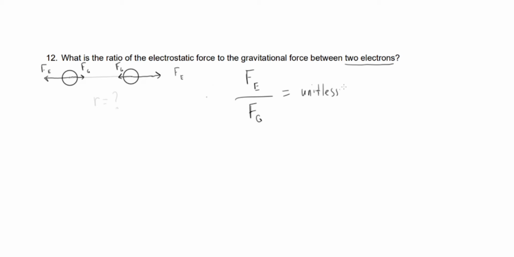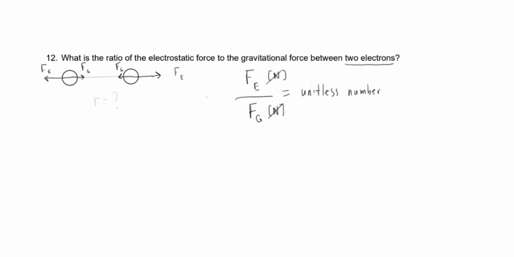We know that because we're taking a force, whose units are newtons, dividing it by another force, whose units are newtons. The newtons will cancel out and there will be no units left. So our final answer will just be a number saying how many times larger the electrical force is compared with the gravitational force.